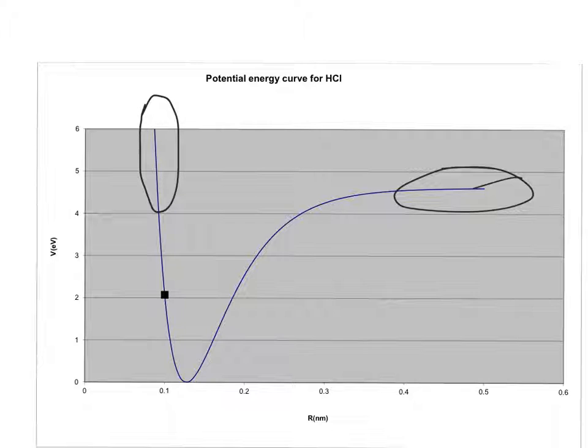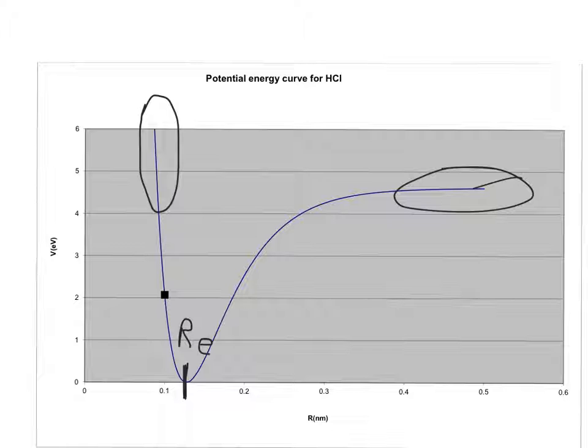In the middle region, we can have a stable molecule. The distance at which the potential energy function is a minimum, indicated here, that's R sub E. And that's the equilibrium distance, the point at which the forces balance out.